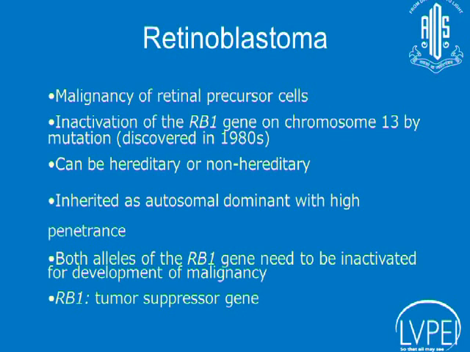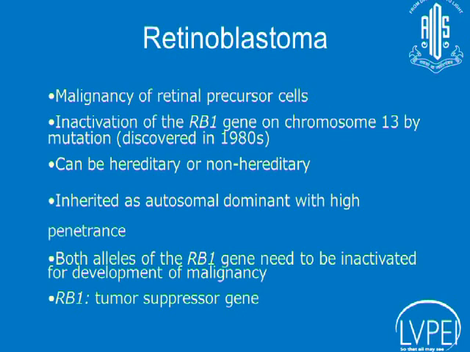It's a malignancy of the retinal precursor cells, and you have inactivation or mutation of the retinoblastoma 1 or RB1 gene, which is located on chromosome 13, and this gene was discovered in the late 1980s. It can be hereditary or non-hereditary, and usually the hereditary form is inherited in an autosomal dominant fashion, and the penetrance is quite high. That means those who carry the mutation will most likely get the disease, a very high chance of getting the disease.